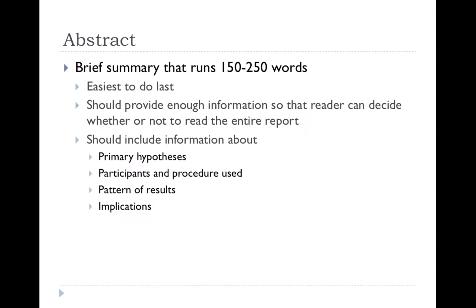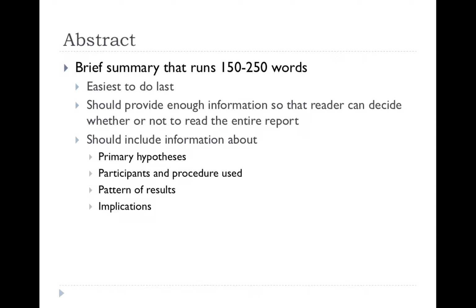So the abstract typically gives the reader an idea of what the study was all about. So it should provide the reader with just enough information to decide whether or not the article is appropriate. And you all had to do this when you were looking for the literature, right? You looked for articles that would be relevant for you, and the best way to do this is to read the abstracts. So typically an abstract includes what you studied, your primary hypotheses, participants and procedure used.